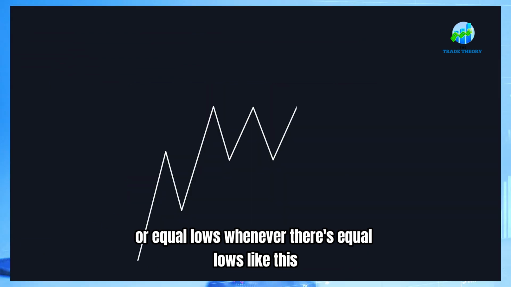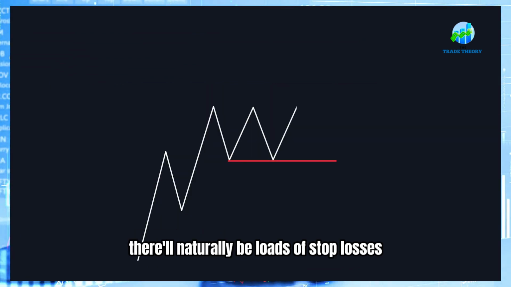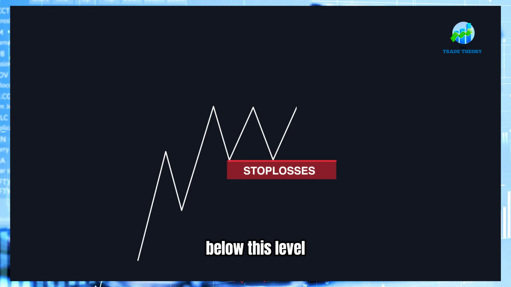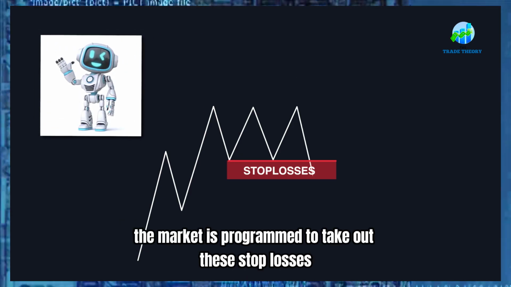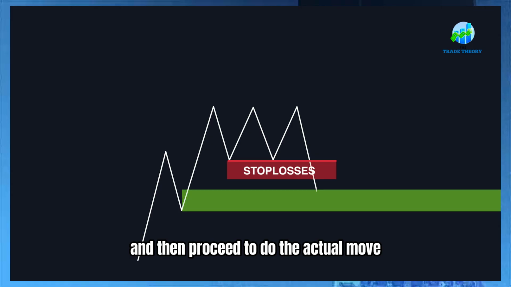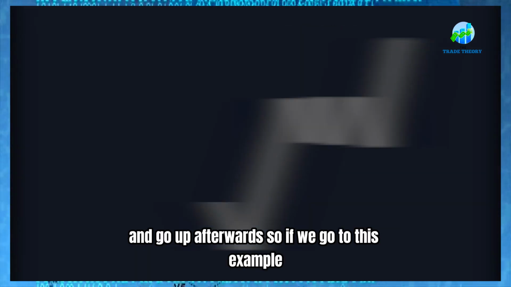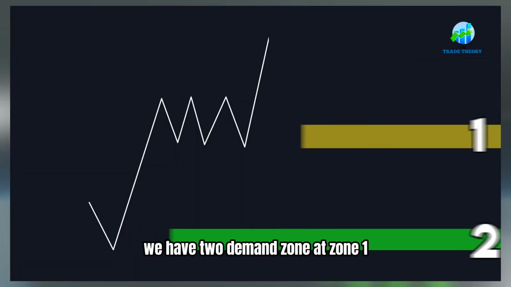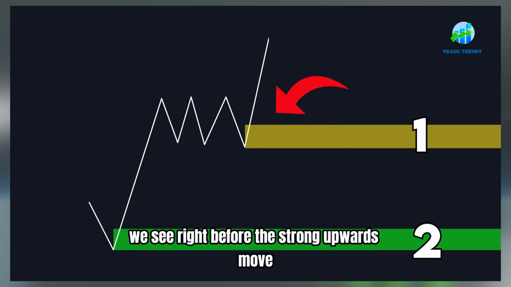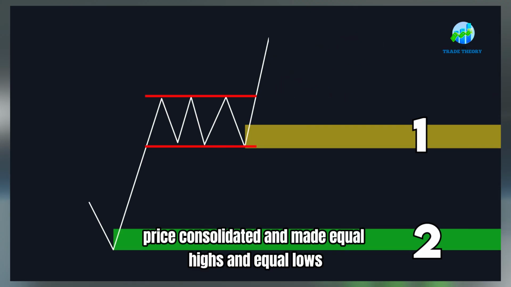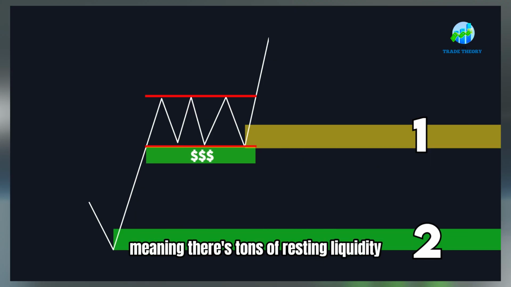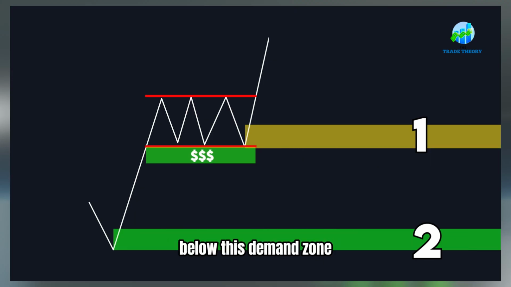Whenever there's equal lows like this, there'll naturally be lots of stop losses below this level. The market is programmed to take out these stop losses and then proceed to do the actual move and go up afterwards. So if we go to this example, we have 2 demand zones. At zone 1, we see right before the strong upwards move, price consolidated and made equal highs and equal lows, meaning there's tons of resting liquidity below this demand zone.